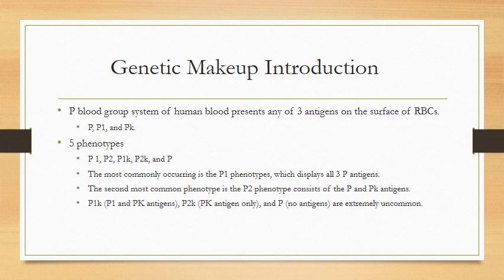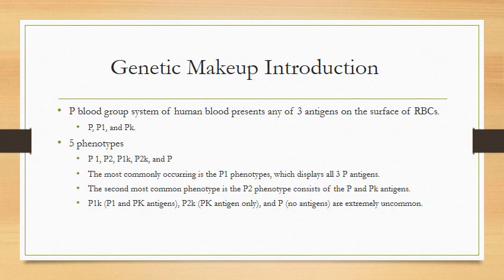The P blood group system of human blood is composed of three different antigens on the surface of red blood cells. They are called P, P1, and PK. Those three antigens make five phenotypes: P1, P2, P1K, P2K, and p. The most common phenotype of those five is P1, which displays all three antigens, P, P1, and PK.